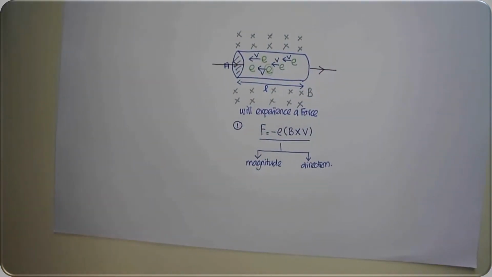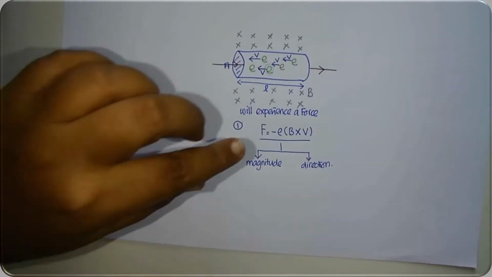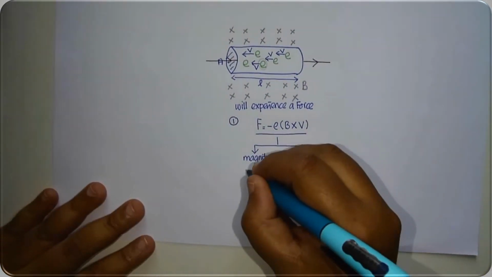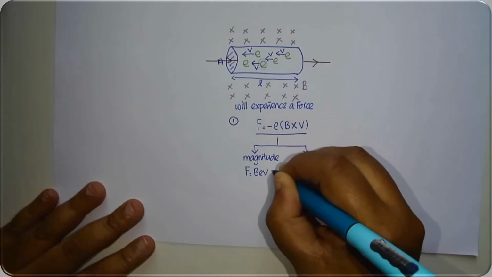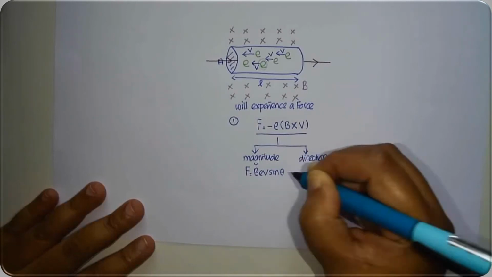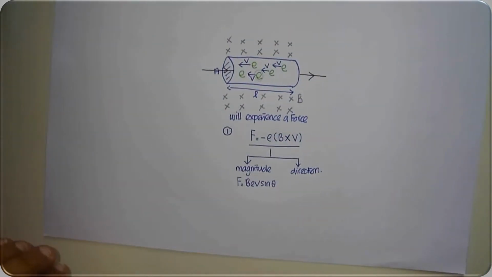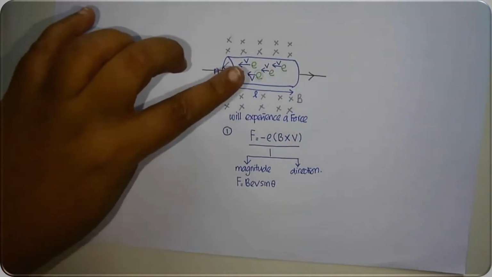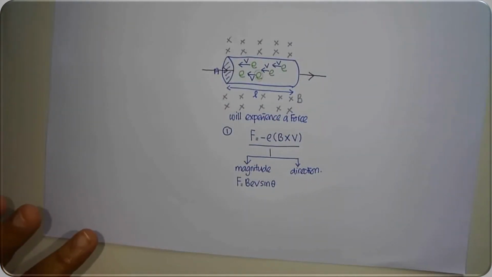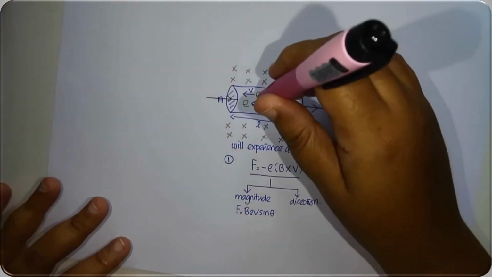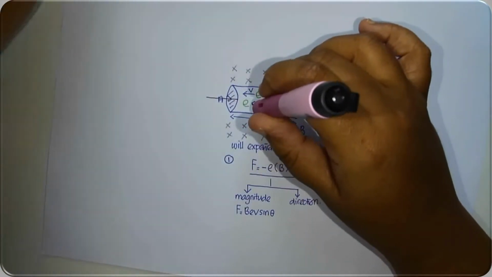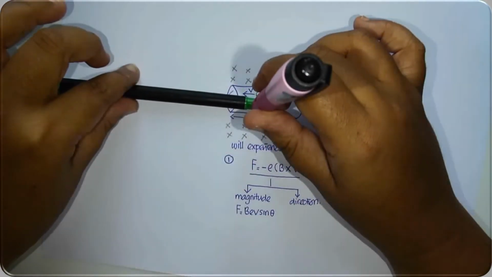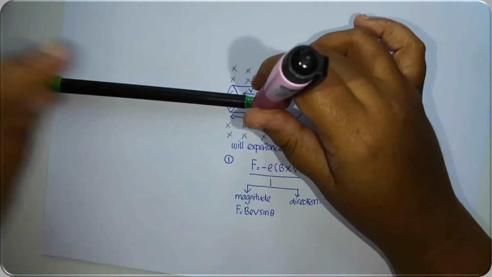The magnitude of the force for this expression will be F equals B e v sine theta. But for this example, you will realize that the direction of the magnetic field is into the page, and the direction of the velocity is in this direction.